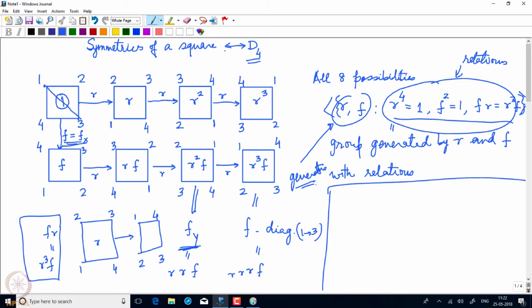So if I take the general situation Dn, what was Dn? Dn is the symmetries of a regular n-gon.